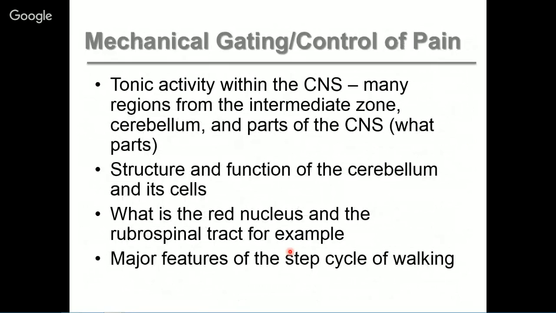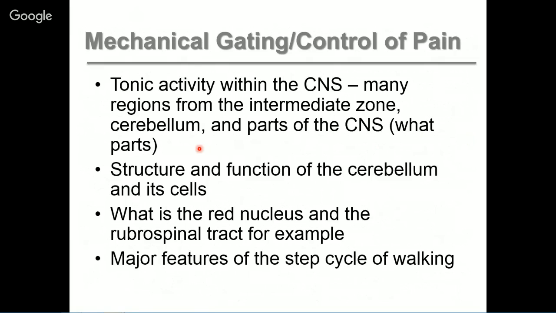Okay, some other things to, again, just think about, and I have to apologize, this title is incorrect. It should just be some general features. So when you're looking at the CNS and you're looking at regions of the intermediate zones and cerebellum, start thinking about what types of neurons, again, it's an integrative, challenging question, what types of neurons do you have tonic activity in?